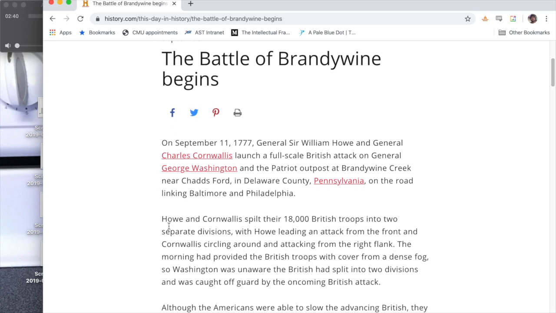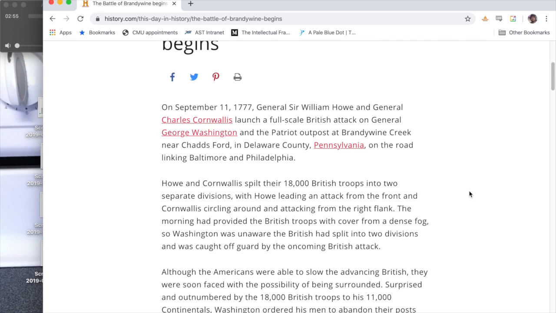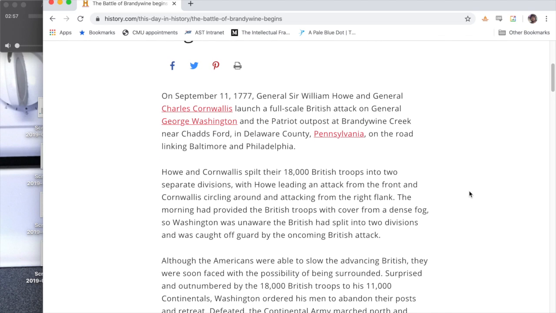So, we can see here, the Battle of Brandywine begins. I read the whole thing before I started my document. On September 11th, 1777, General Sir William Howe and General Charles Cornwallis launched a full-scale British attack on General George Washington and the Patriot outpost at Brandywine Creek near Chadds Ford in Delaware County, Pennsylvania, on the road linking Baltimore and Philadelphia.